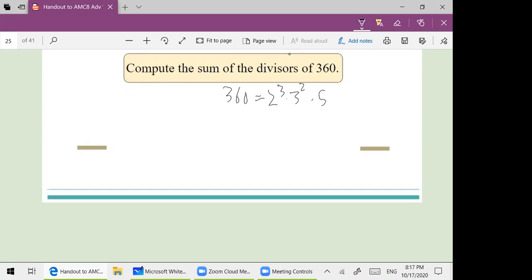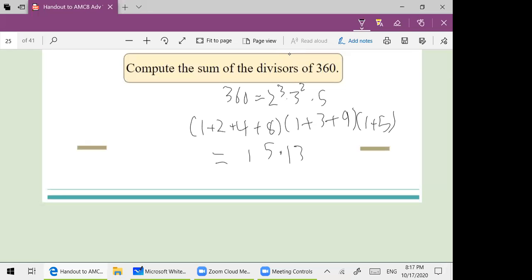So the sum of the divisors is (1 plus 2 plus 4 plus 8) times (1 plus 3 plus 9) times (1 plus 5) equals 15 times 13 times 6 equals 1170.